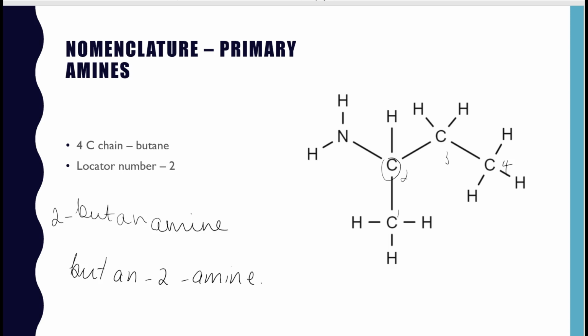You can see sometimes butyl, 2-butylamine, and sometimes aminobutane. There's a whole lot out there. Common consensus is that we're going to stick to this naming system. So butan-2-amine would probably be the most correct way of naming for this system of alkanes.